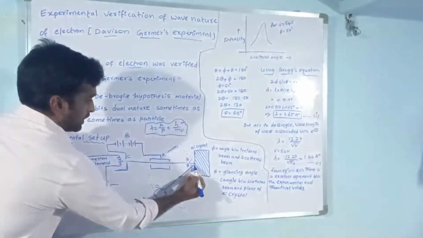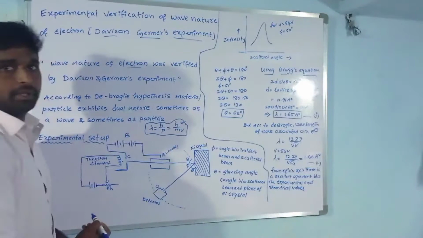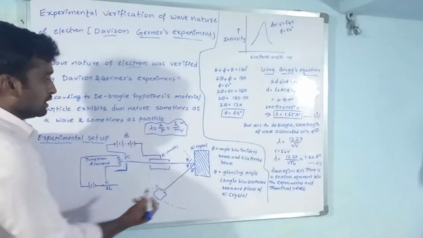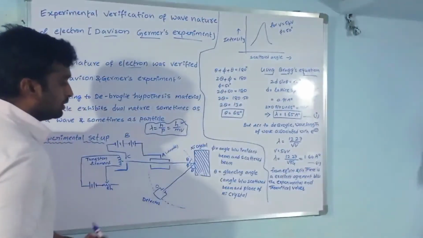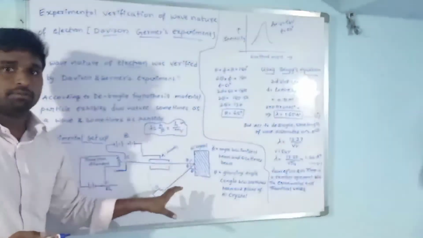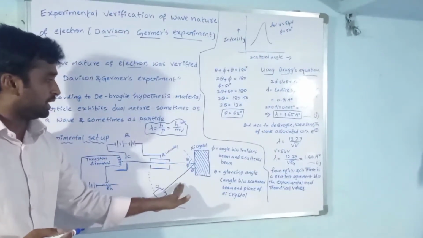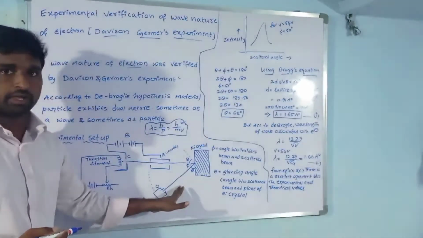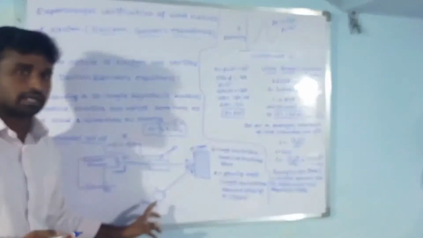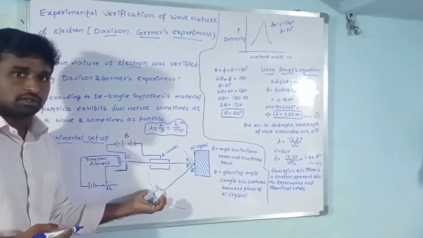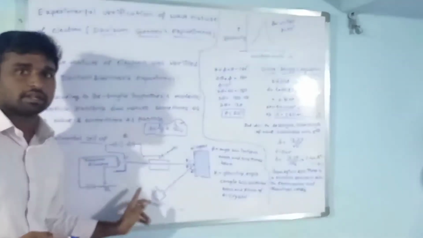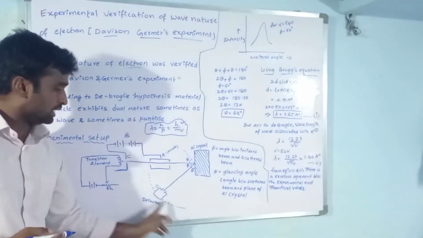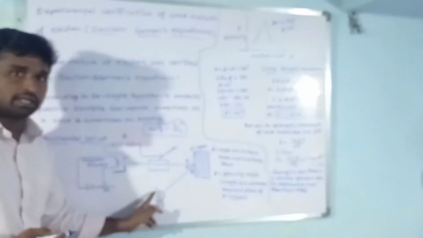This is the scattered beam. The scattered, or reflected, electron beam is detected by a detector attached to a circular scale, which is a rotating scale.